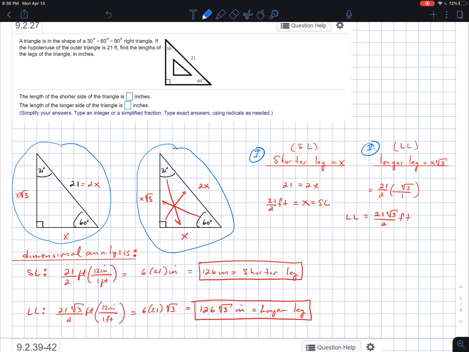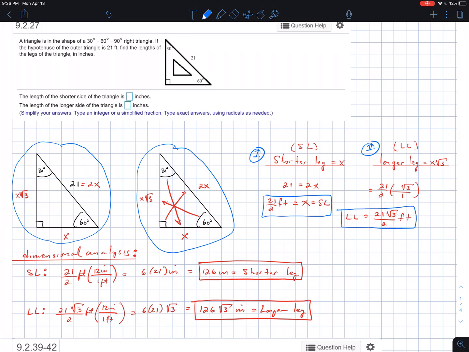So solving for that, we just get 21 halves feet for x, which I'm boxing now in blue. Case 2 is the LL, or the longer leg, and that's set up with the expression x square root of 3. So all I had to do was take the x and multiply it by the square root of 3, which is what I did here.